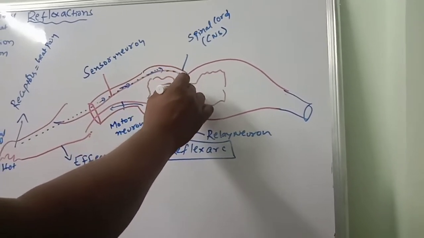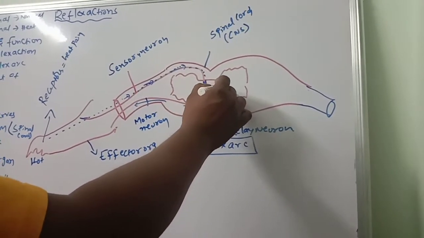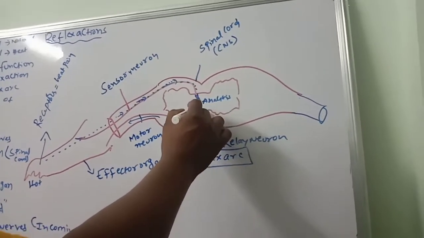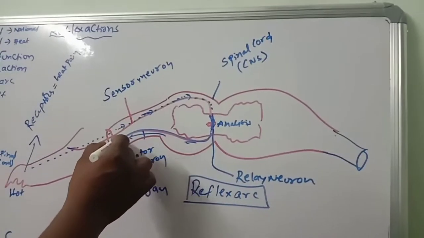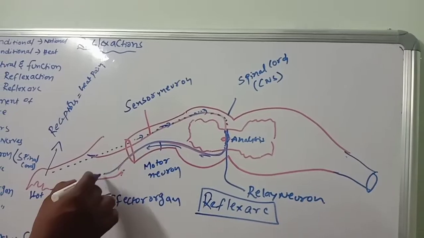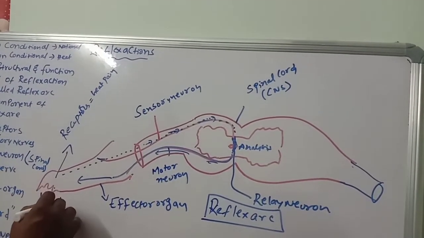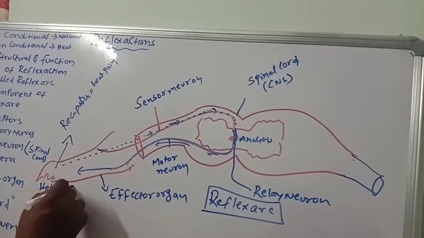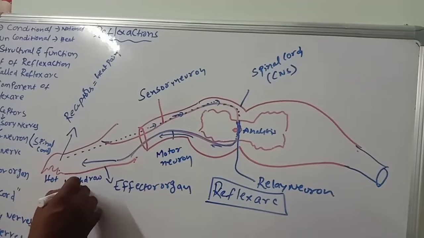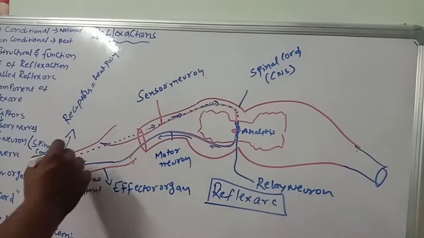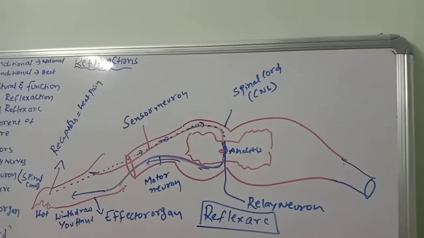It goes to the interneuron, where analysis takes place. Then the message, don't touch, comes through the motor neuron from the spinal cord to the effector organ. You will withdraw your hand from that heat. Within a fraction of a second, this process takes place.